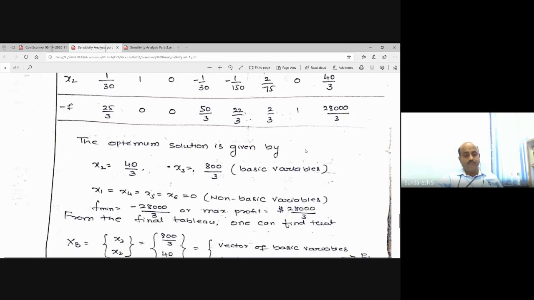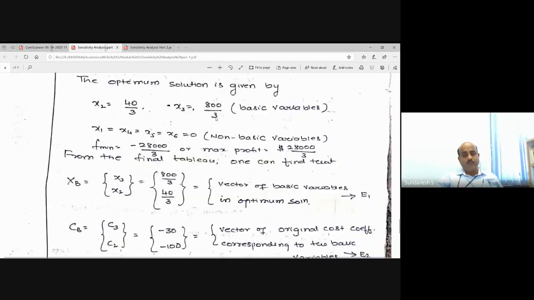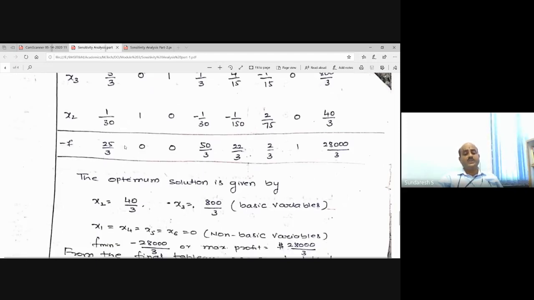Now from the final table, one can find out XB, the vector of basic variables in the optimum solution, taken as x3, x2, which is 800 by 3, 40 by 3. Just from this table, we are writing all those down in the form of a matrix.